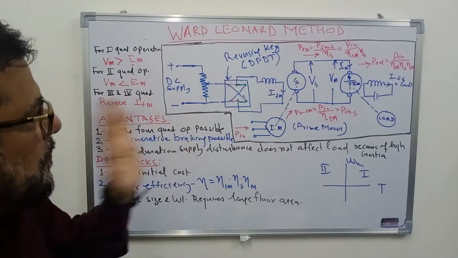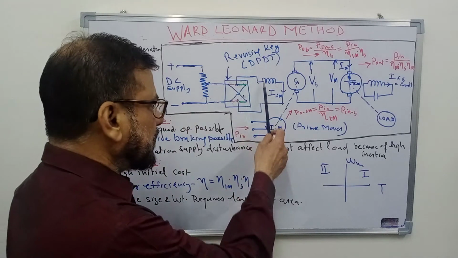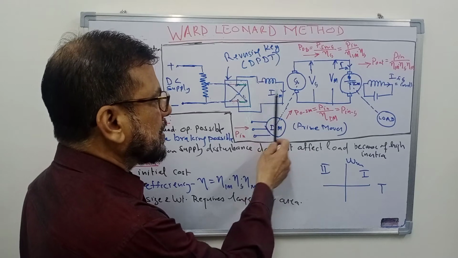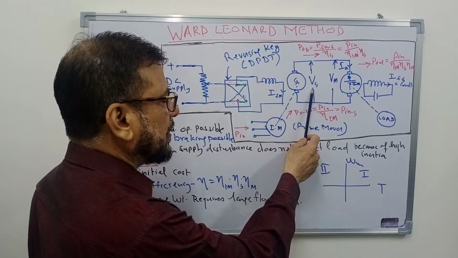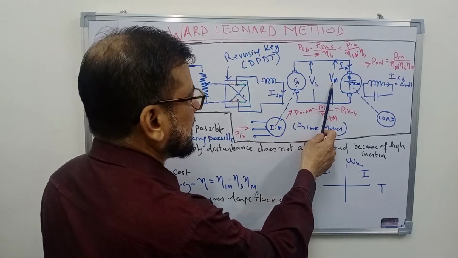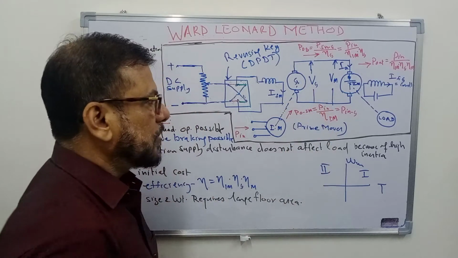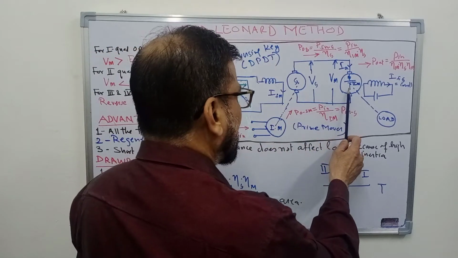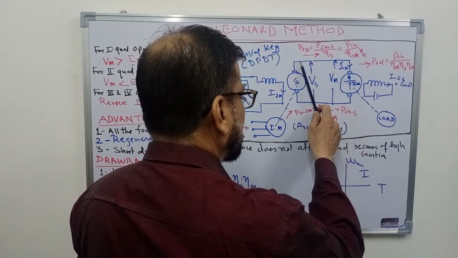So how can we do it? You just reduce the field current here suddenly. Reducing the field current will change the output voltage of the generator, that will change the input voltage of the motor. So VM will become less than EM. As soon as this happens, current starts flowing in the reverse direction.